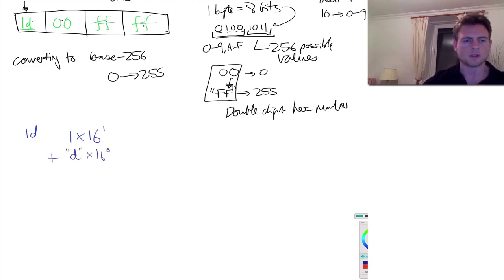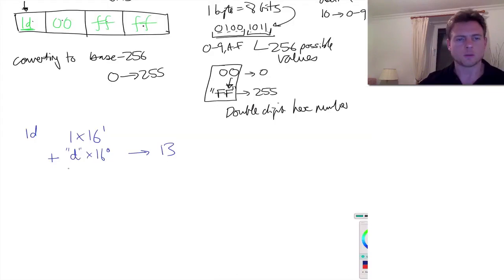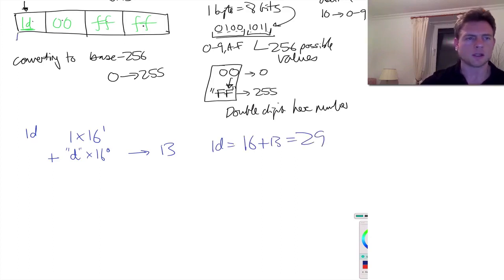Now D in hexadecimal, we can go back to our hexadecimal converter, corresponds to the number 13. So 1D equals, in decimal, 16 plus 13 equals 29. So what we're saying is our target takes up 29 out of the 32 bytes, right?